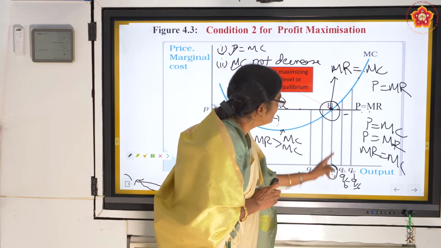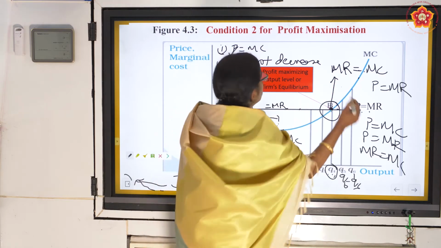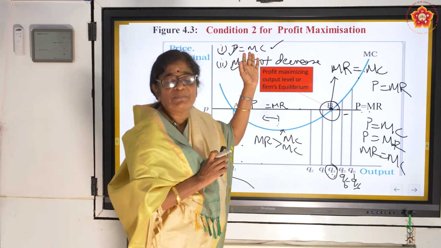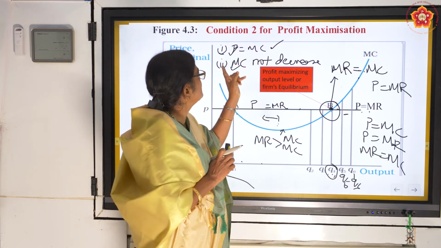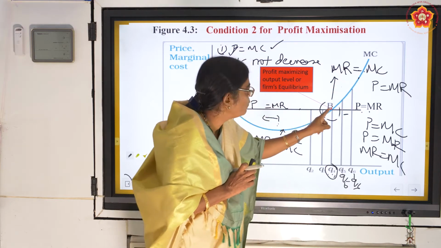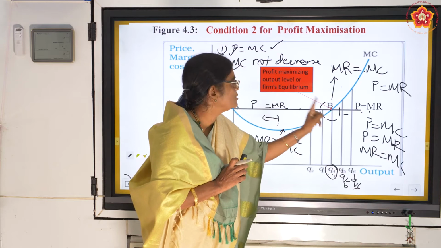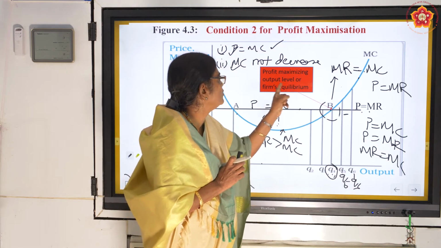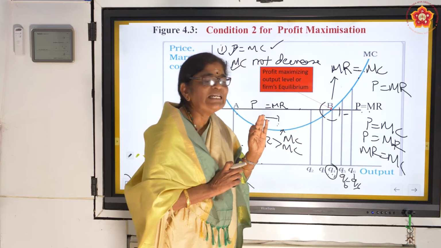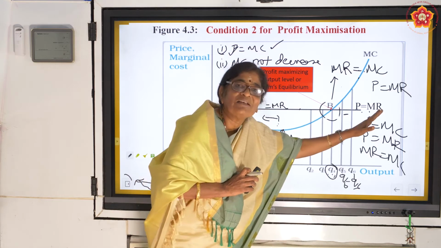Therefore, the firm will be producing up to the Q4 level. At the Q4 level, MR is equal to MC, or price is equal to MC. The first condition needed for profit maximization of output is fulfilled. Second condition, MC not decreasing. That is also satisfied, MC is upward. Therefore, both conditions are fulfilled at this point B. Therefore, this point B is also called the profit maximizing level of output or the firm's equilibrium, because the firm doesn't have any decision to decrease or increase the level of output.